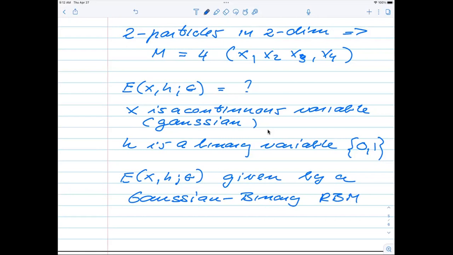So restricted because we have restricted ourselves to only one hidden layer, and we have restricted ourselves to no interactions between the nodes in the same layer.